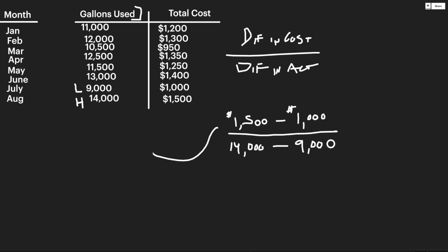And this comes out to $500 over 5,000, I guess, gallons or units of activity, right? And that equals 10 cents per gallon of activity.